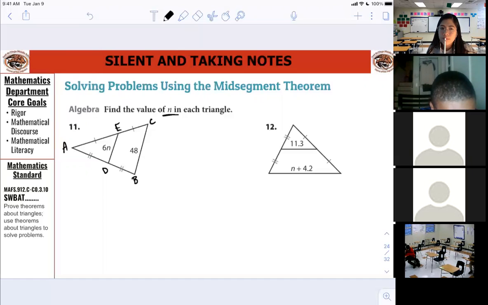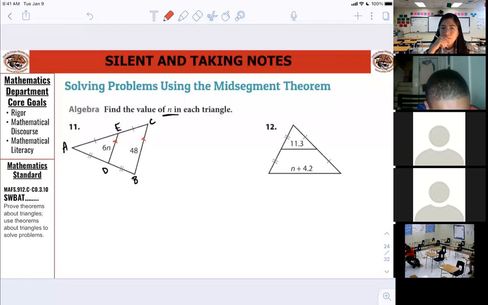I know that they're parallel. What else do I know?